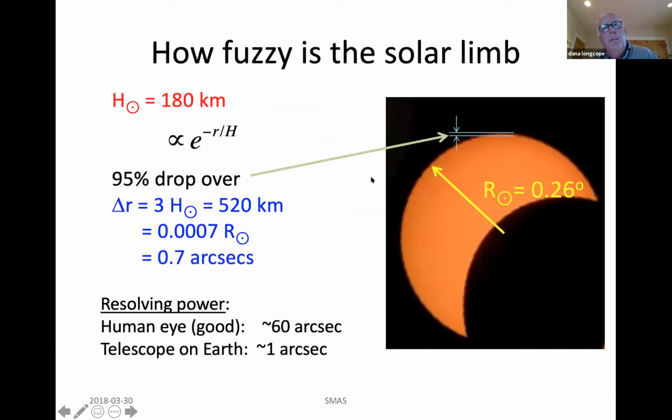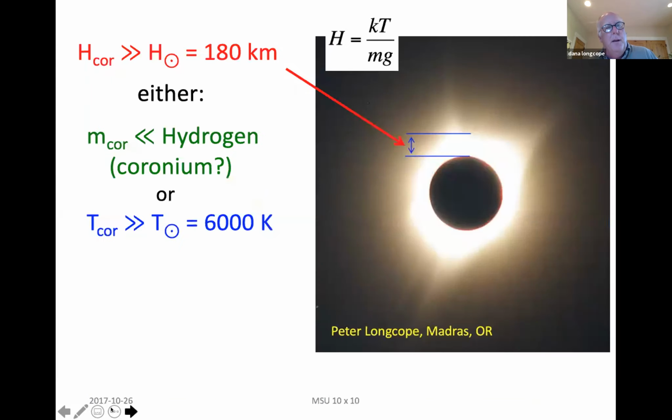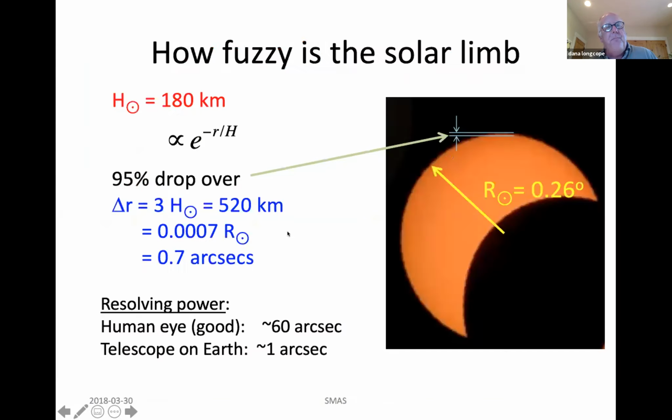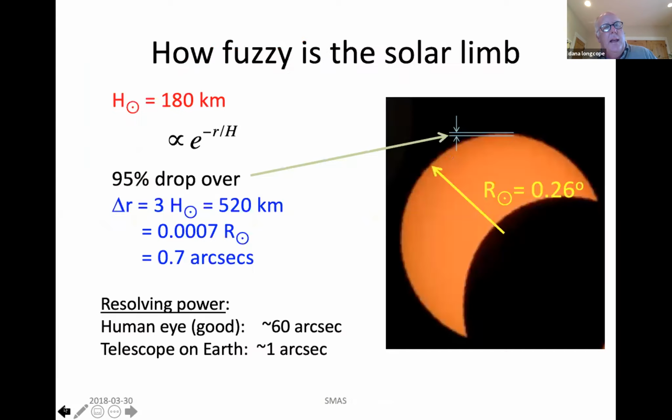One of the things that's amazing is how quickly the Moon just blocks out the Sun. And you can see these little what are called Baily's beads. This comes about because the Moon has rough features, and the solar surface is shining through some of these mountains and valleys.